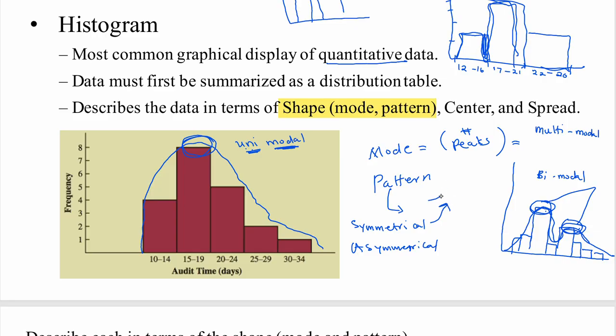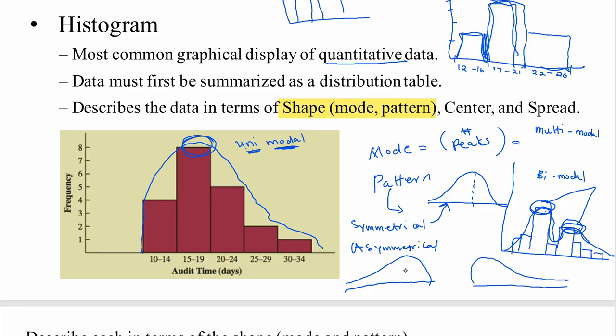When your curve could be divided into two mirror images of each other, that is a symmetrical distribution. And so here we are looking at two halves that are equal. An asymmetrical distribution could look like this, or it could look like that.